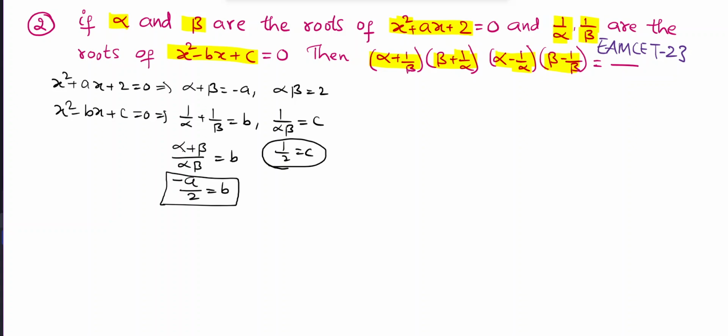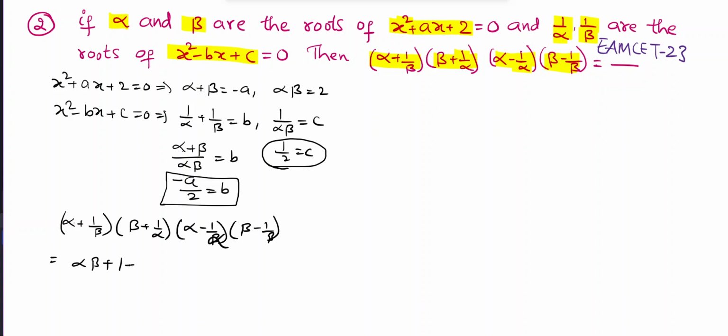Now we find the value of (alpha plus 1 by beta) into (beta plus 1 by alpha) into (alpha minus 1 by alpha), (beta minus 1 by beta). So multiplying the first two: this is alpha into beta, alpha beta, plus alpha into 1 by alpha, that is 1. Here 1 by beta into beta, that is 1.